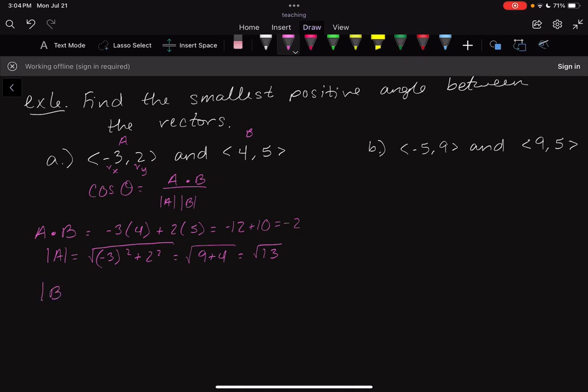Magnitude of B, I'm going to do the same thing. So I've got 4 squared plus 5 squared. So this one is 16 plus 25, which is 41. Now I'm going to plug everything back into the formula. So I get cosine of theta is equal to -2 over root 13 times root 41.